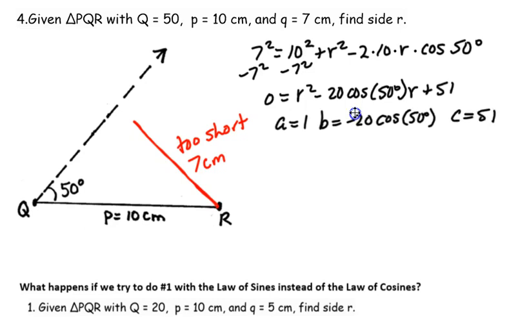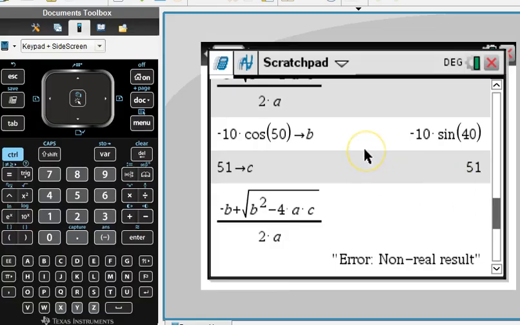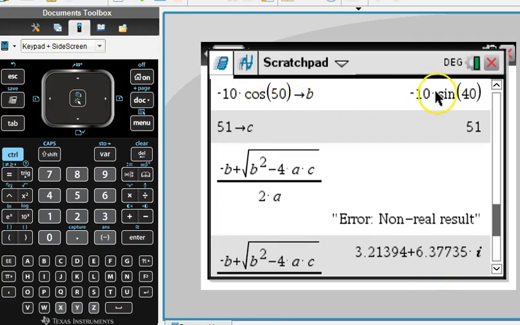So once again, do this on your calculator, change your b and your c, and calculate and see what happens. Oops, I stored this wrong. I'm going to have to start over, hang on. No, I didn't. I just didn't recognize that negative cosine 50 and sine of 40 are the same, so your calculator just rewrote it differently.